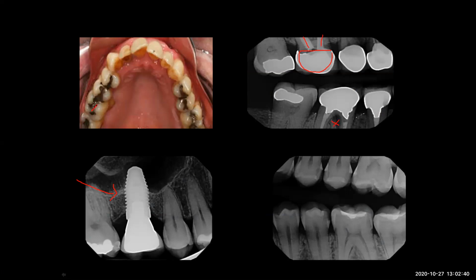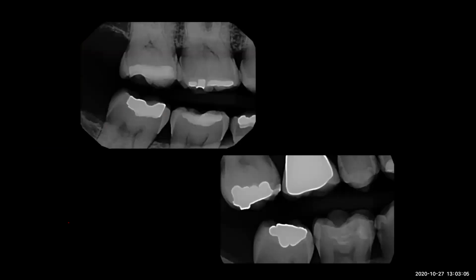So when you're looking at rotations, let's take a look at this central right here. How would you classify that rotation? Mesiofacial. Yes, MF. Torso version, yes. You're using your radiographs to help determine the type of restorations that your patient has.